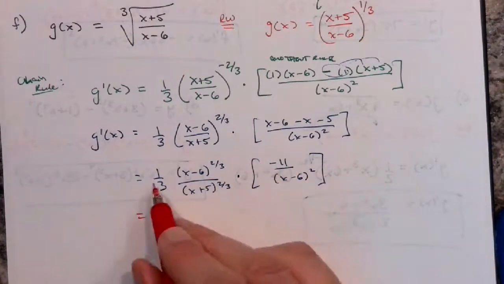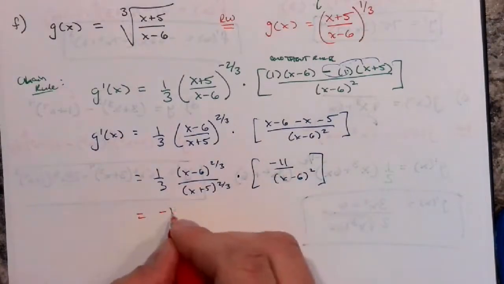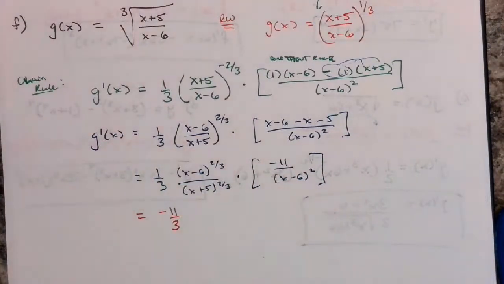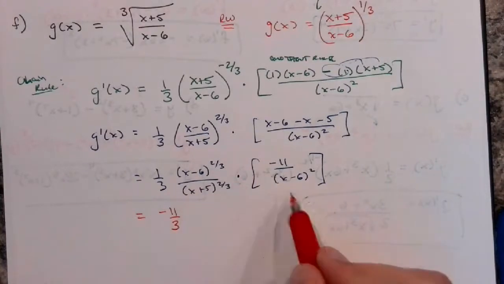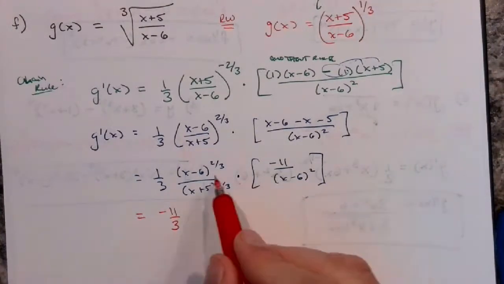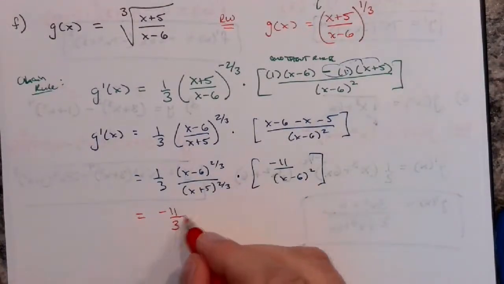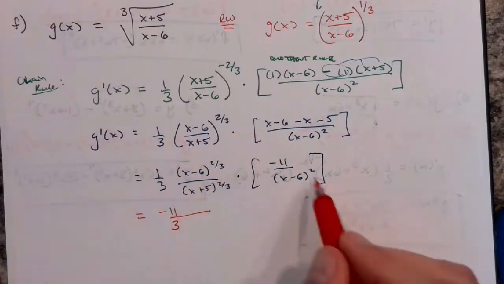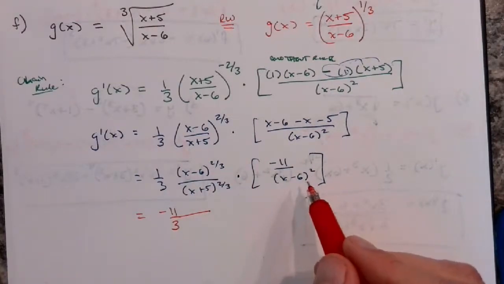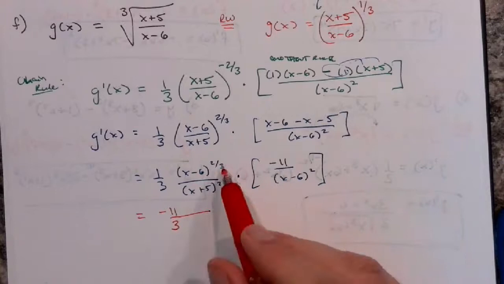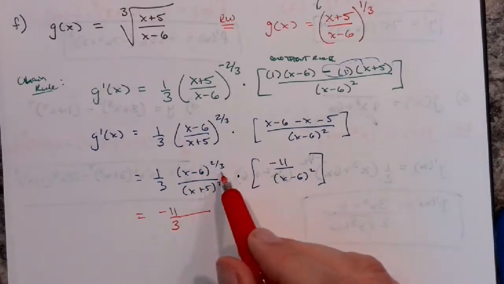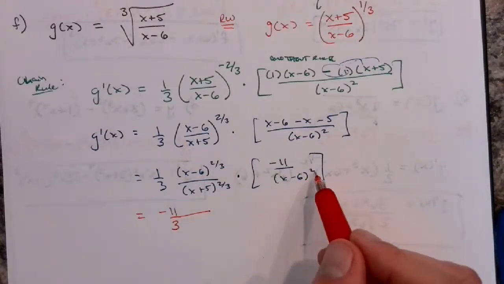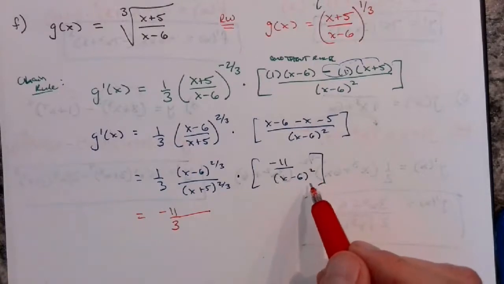Negative 11 times the 1 in front gives me a negative 11/3. Sometimes it's easier just to see that right away and take care of it. You have this x minus 6 to 2/3 divided by an x minus 6 here. If you were thinking about where those factors end up, 2/3 minus 2 is what you would do when you divide, because when you divide things with the same base, you subtract their exponents. So 2/3 minus 2, which is 6/3, would give me a negative 4/3.